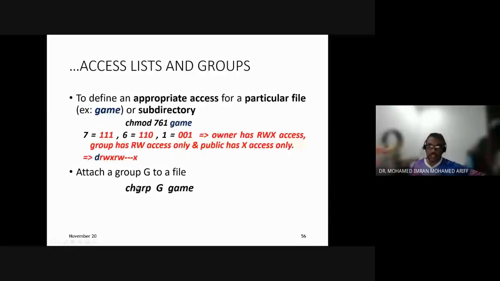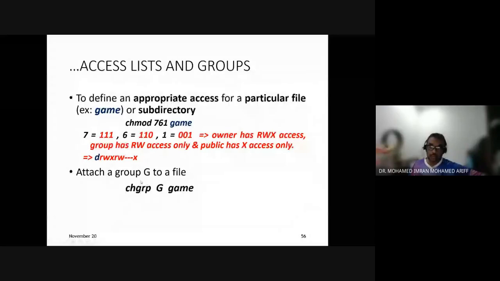Automatically, when you use change group to G, whatever the owner and the group have, say read and write access, this group by the name of G automatically has this read and write access. That means you are including a new group inside the file. Are you with me?